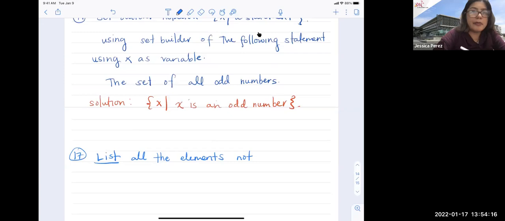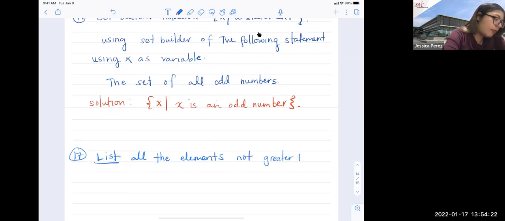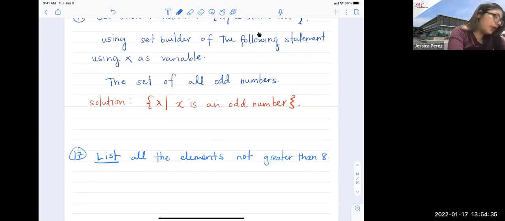Not greater than 8. So if it's not greater, that means less than. That's what this means.